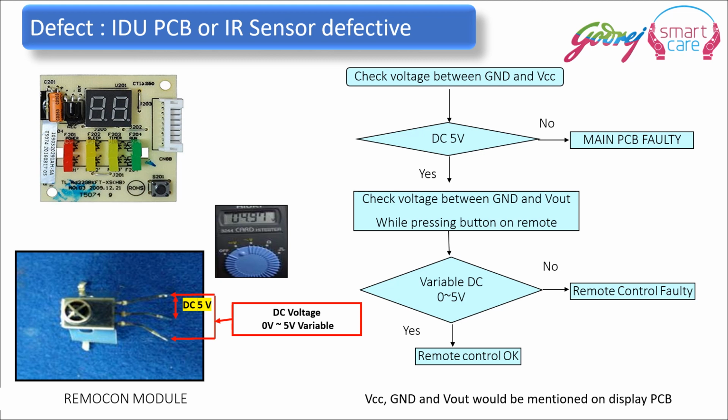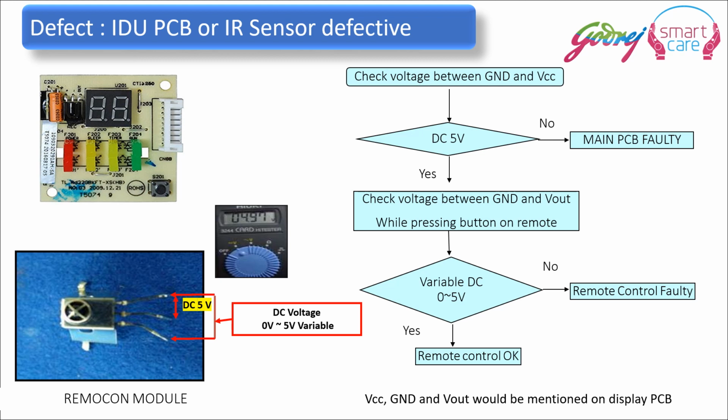So if this is available, then the remote is okay. If this variable voltage is not available, that means the remote control is faulty, because it is not giving the variable voltage for the IR sensor to pick up. The IR sensor picks up the different infrared rays and, based on those, generates different DC voltages.